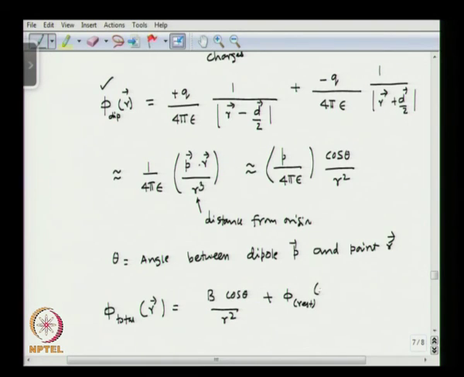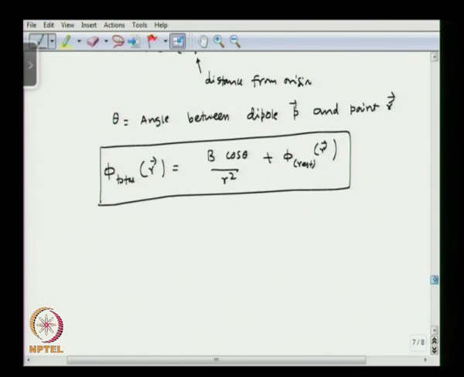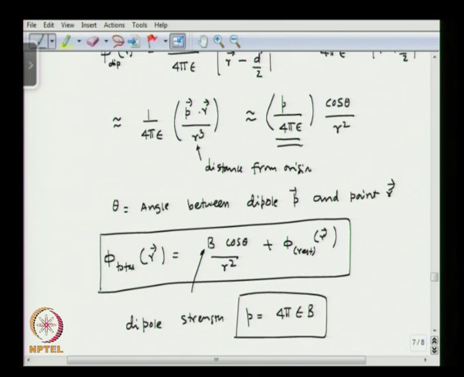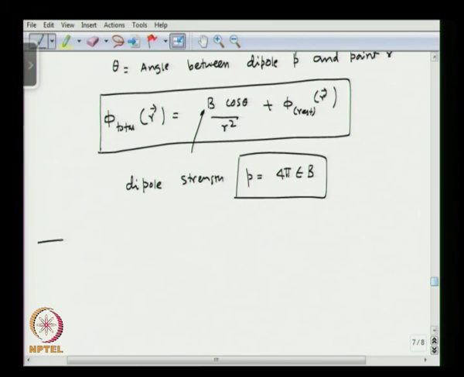So apart from the dipole, phi rest is the potential effect of the rest. We have introduced this b here. So the dipole strength P is going to be 4 pi epsilon into b, so b is P over 4 pi epsilon as we see here. So with that let us stop here.